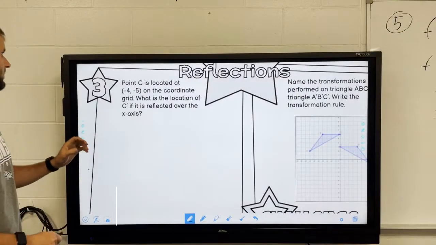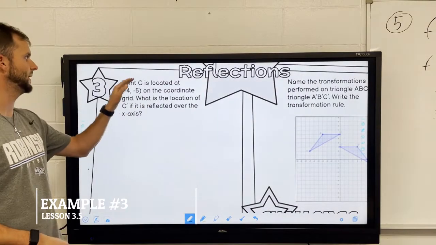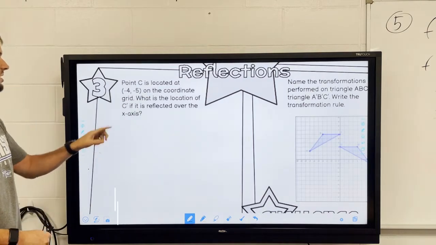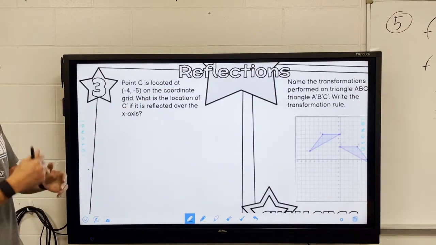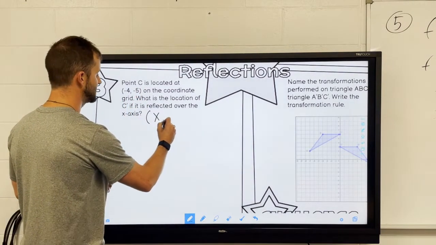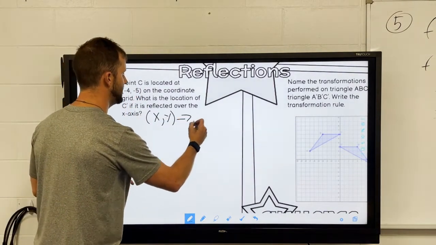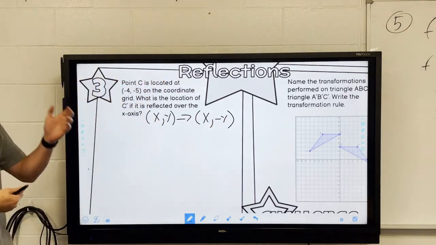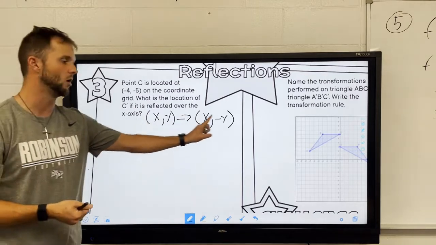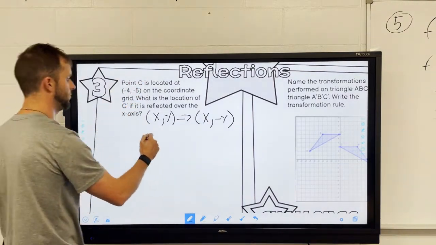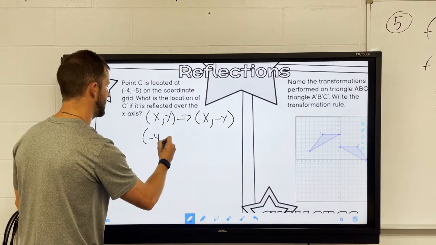All right, so on example number 3, it says point C is located at -4, -5 in the coordinate grid. What is the location of C prime if it is reflected over the x-axis? So I learned earlier, x comma y is going to change into x comma negative y if I'm reflecting over the x-axis. That means I'm changing only the y coordinate. So I'm going to take my point, which is point C, which is -4 comma -5.